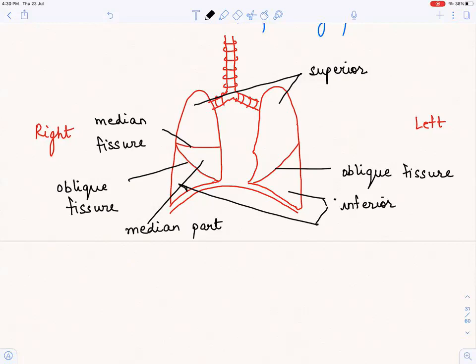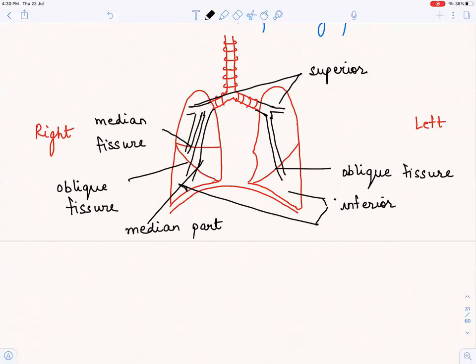So what happens? The primary bronchus goes inside, and in every lobe there is a secondary bronchus. One comes over here, one over here, and one goes over here, and so on.